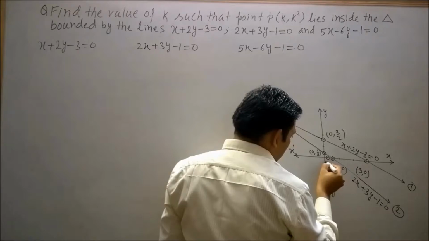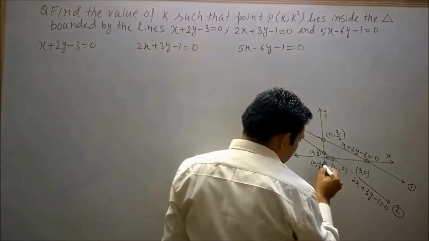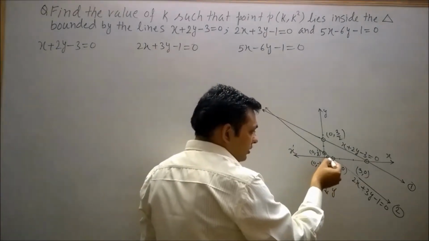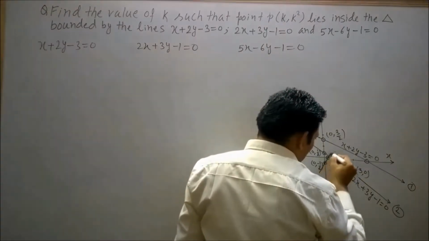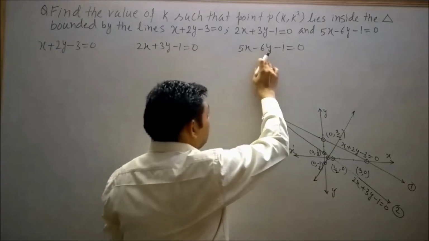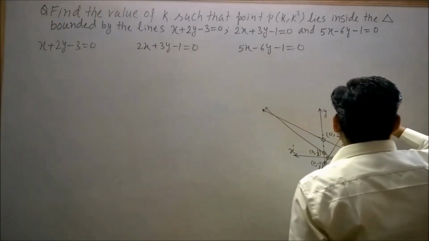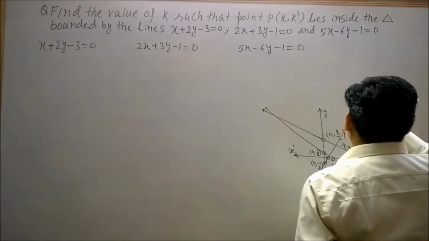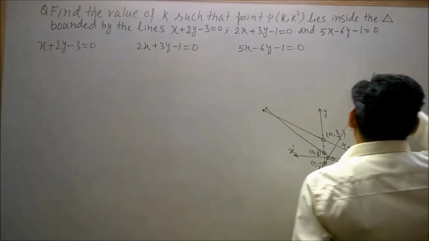Let's say this point is 0, minus 1 upon 6. Now, join these 2 points to form a line of the equation 5x minus 6y minus 1 equals to 0. Let's say this is our third line.